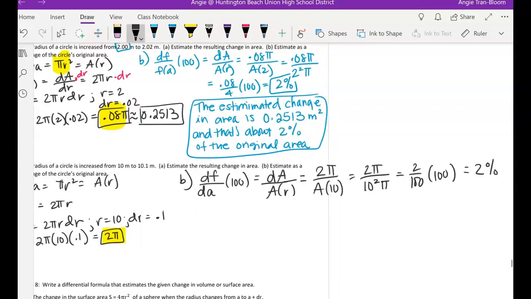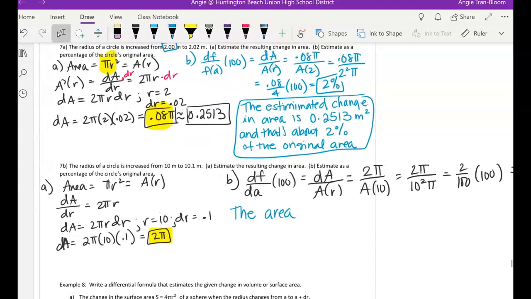Okay, so here we go. The final complete sentence. As you can see, dA changes to 2 pi.